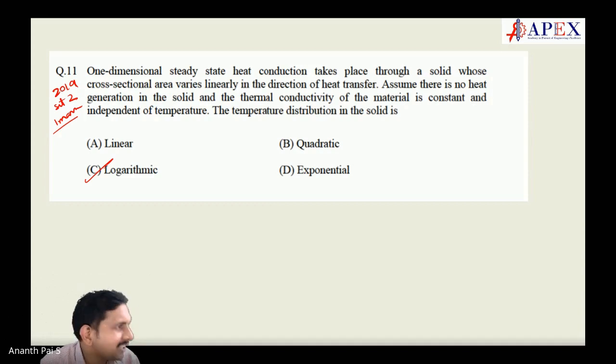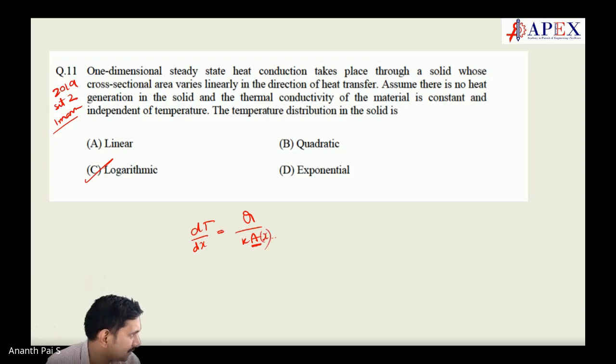Yeah, area is in the denominator, so it comes as log when you integrate. Is it not? Log of that, because dT by dx is equal to q by kA. You understand? Area changes with x. Area is a function of x.